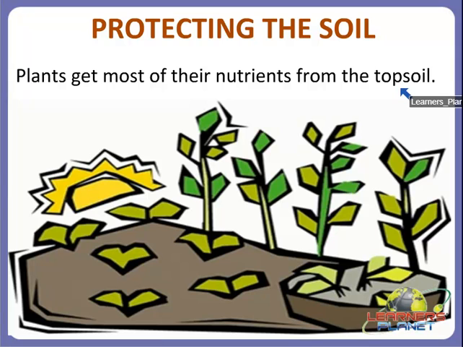It is the uppermost layer of the soil made up of fine sand and humus. So plants get most of their nutrients from the topsoil because it is very rich in humus and also made up of fine sand.